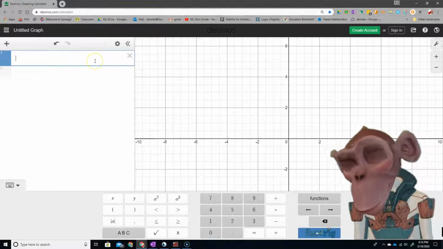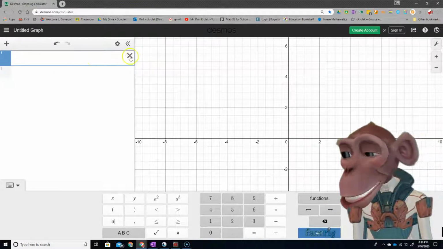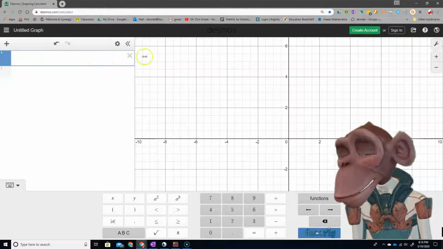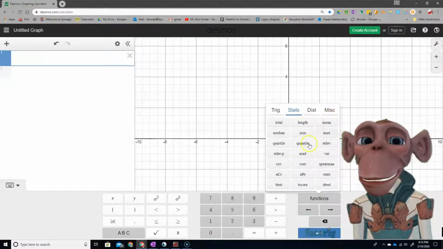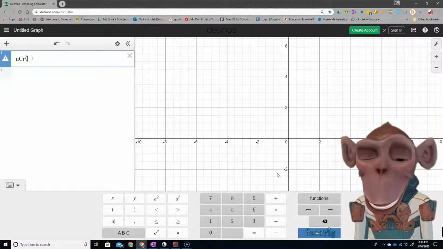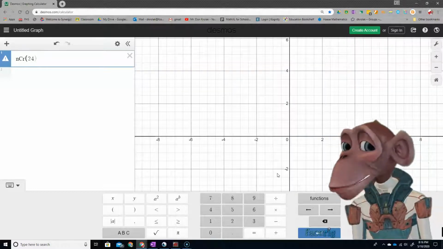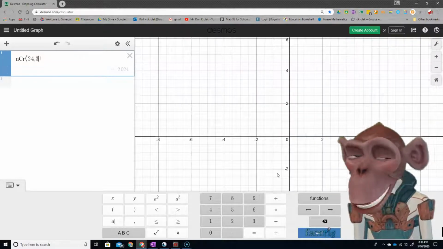Okay, so I'm going to take the combination of those two and then just multiply. So I'm going to type in nCr. My first one was 24 choose 3.